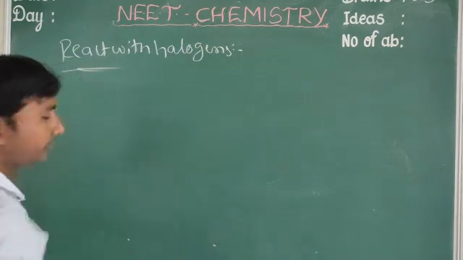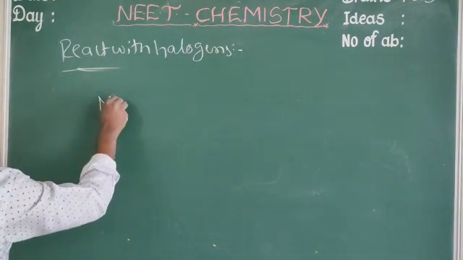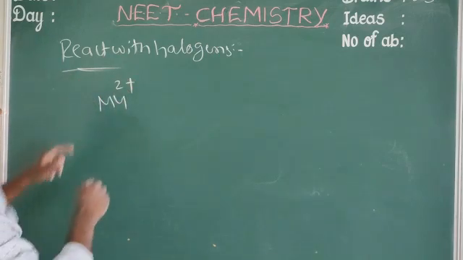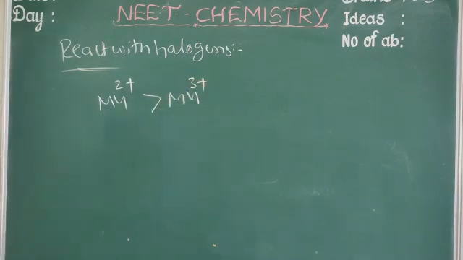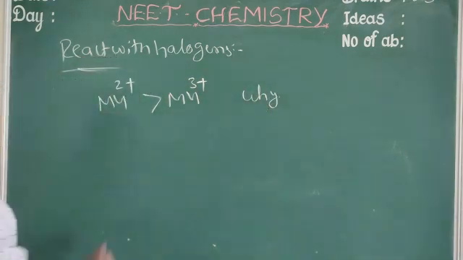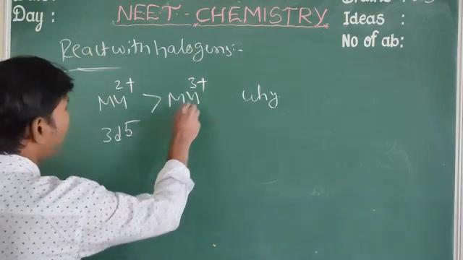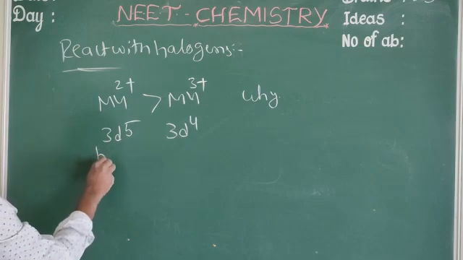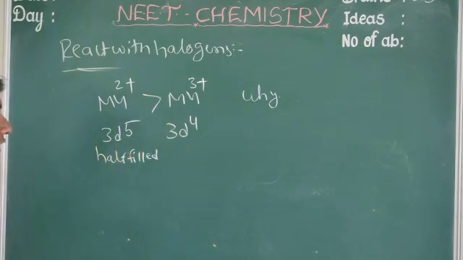Next, why is manganese 2+ more stable than manganese 3+? Mn2+ is 3d5, and Mn3+ is d4.